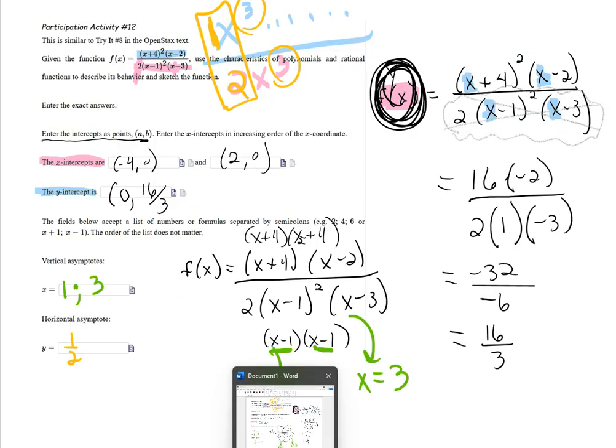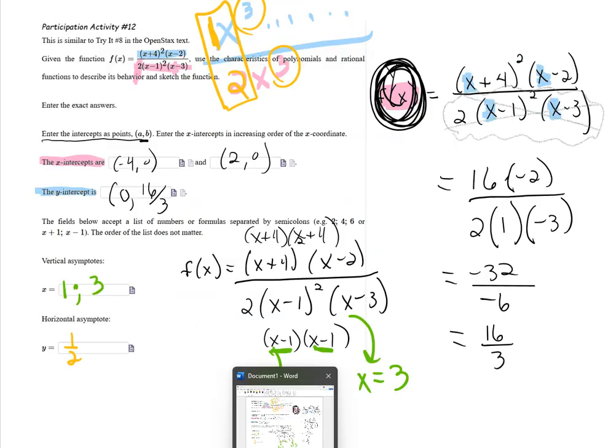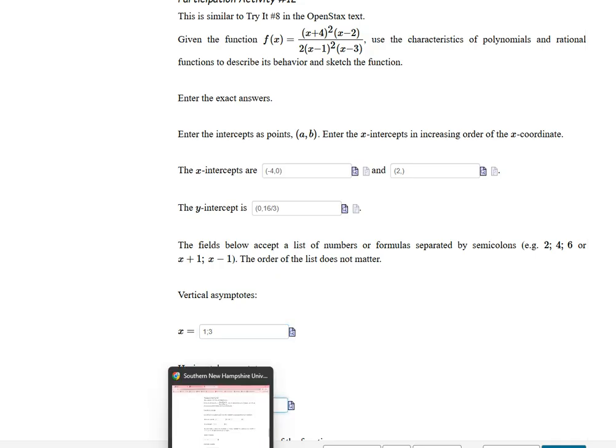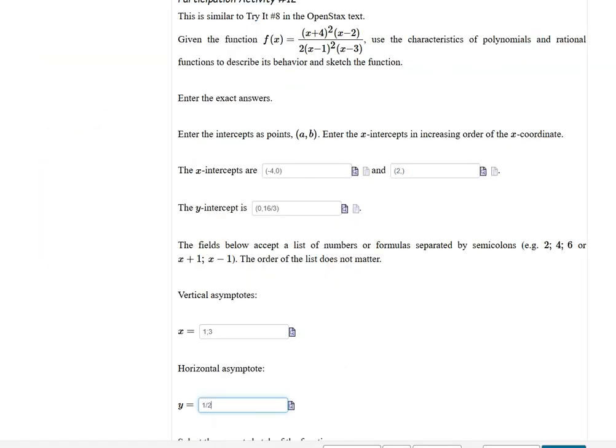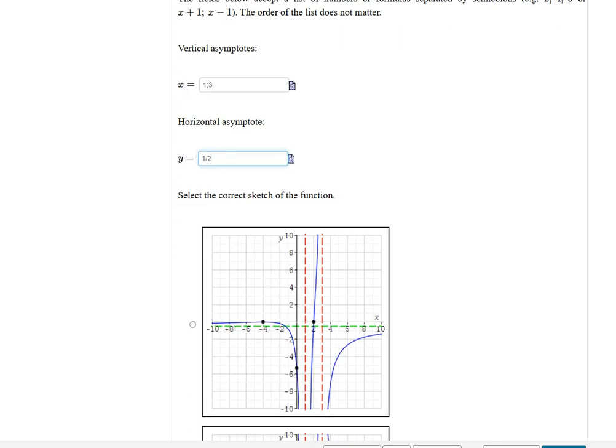Hang on. 16 thirds. 16/3. And then the vertical asymptotes were 1 and 3, but you need a semicolon here. And my horizontal asymptote was, oh, I can't remember these things. 1/2, okay. 1/2. And then as you scroll down, you'll see pictures here.